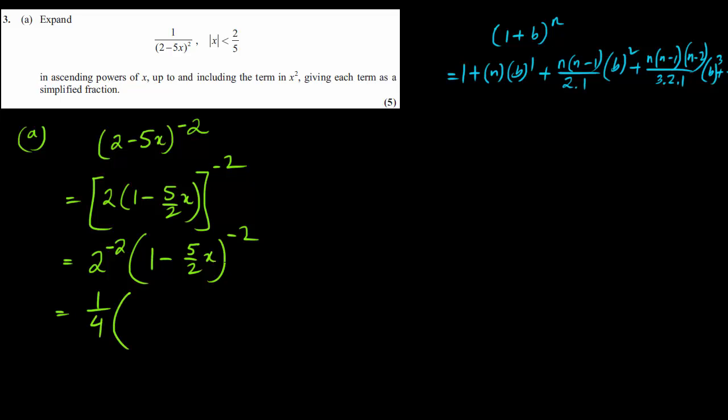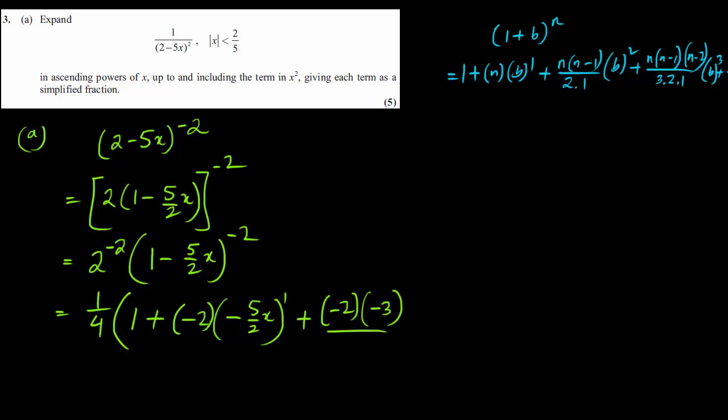Now let's break this down. First of all, the value of b over here is minus 5 by 2 x. So 1 plus nC1 is n, which is minus 2, times b to the power 1. b is minus 5 by 2 x to the power 1, plus nC2 is n minus 1, which is minus 3, divided by 2 into 1, which is 2, and b to the power 2.